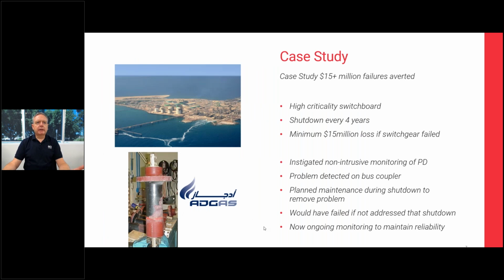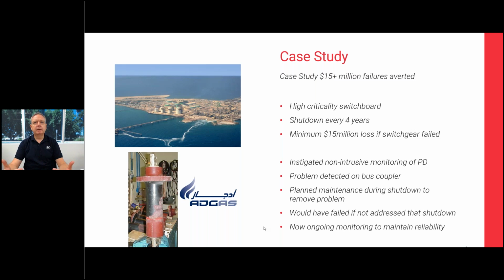So let's start with a case study and show you one example of where that approach proved extremely valuable. This one is in a company called ADGAS, a petrochemical organization in the United Arab Emirates. This organization had a very highly critical switchboard.